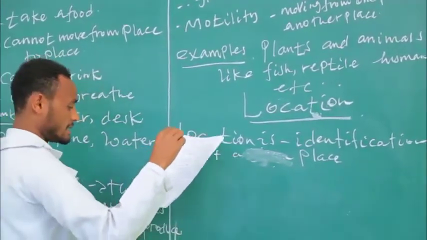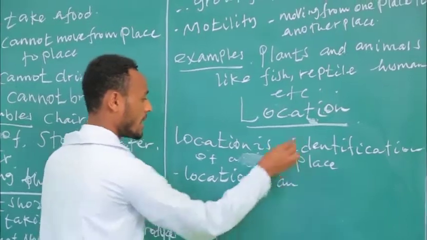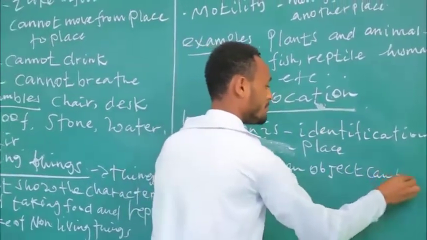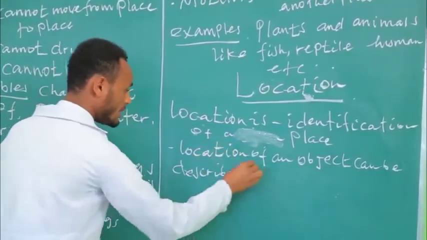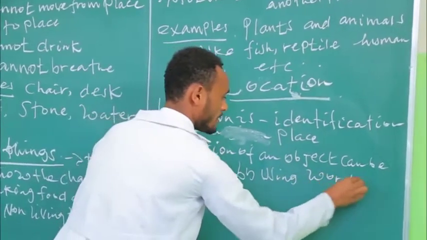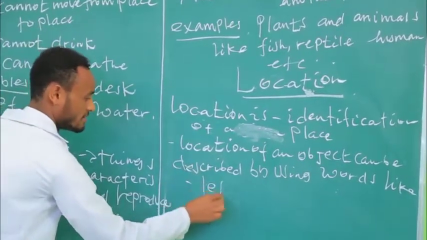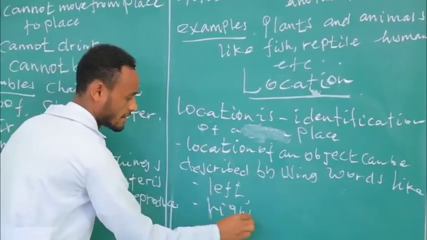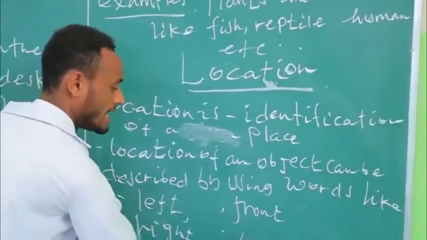So the location of an object can be described by using words like left, right, front and back.